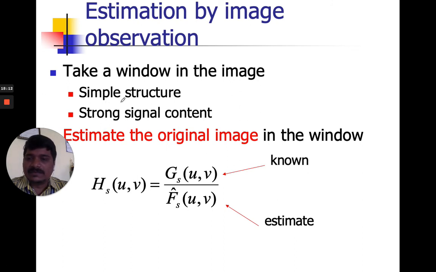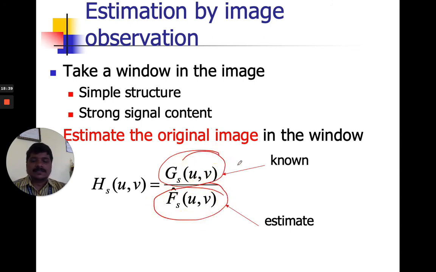The original image in the window can be estimated by Hs(u,v) equals Gs(u,v) divided by Fs(u,v), where Fs is the known factor and Gs is the observed one.